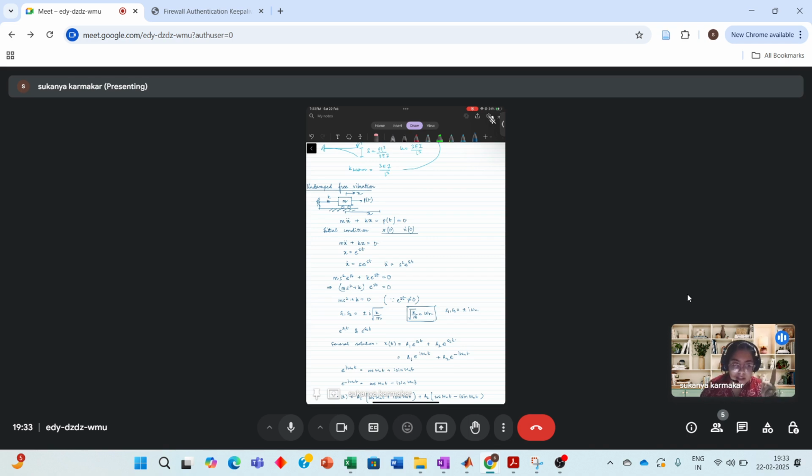But let's say at this position, you don't provide any deformation. You just provide a certain velocity. Hypothetically, I don't deform it, I just give it a velocity.